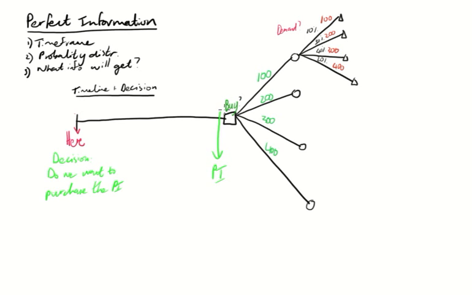So we don't know yet what this information is going to tell us in terms of the demand. We know that before we need to buy our boxes, we have the opportunity to get this perfect information. It tells us the exact demand for the next day, and therefore we choose how many boxes we're going to buy. But the problem is we need to make that decision over here when we don't know yet what the perfect information is going to tell us.